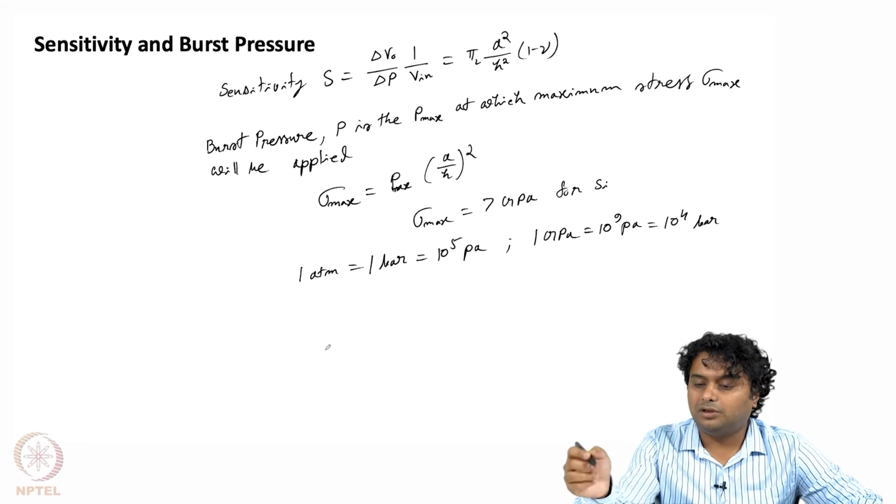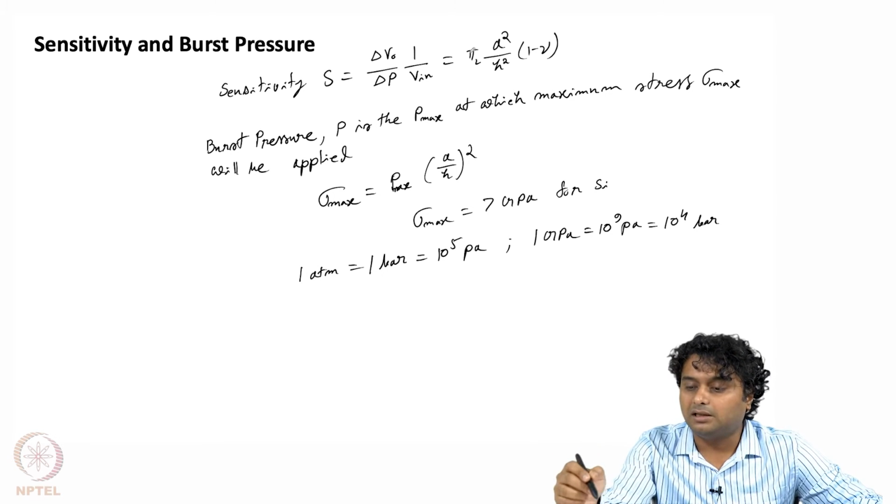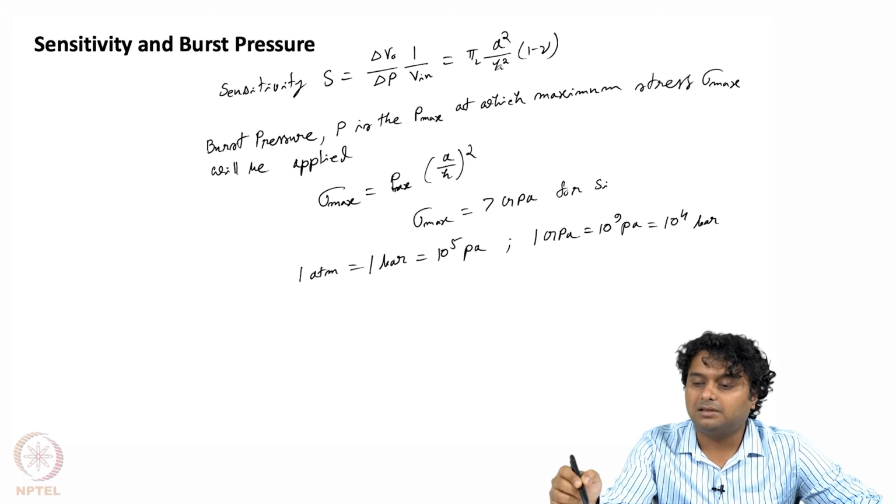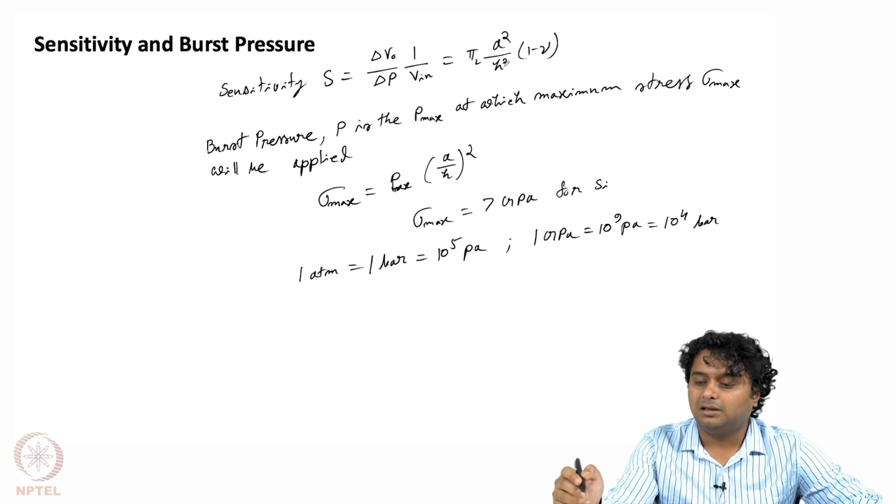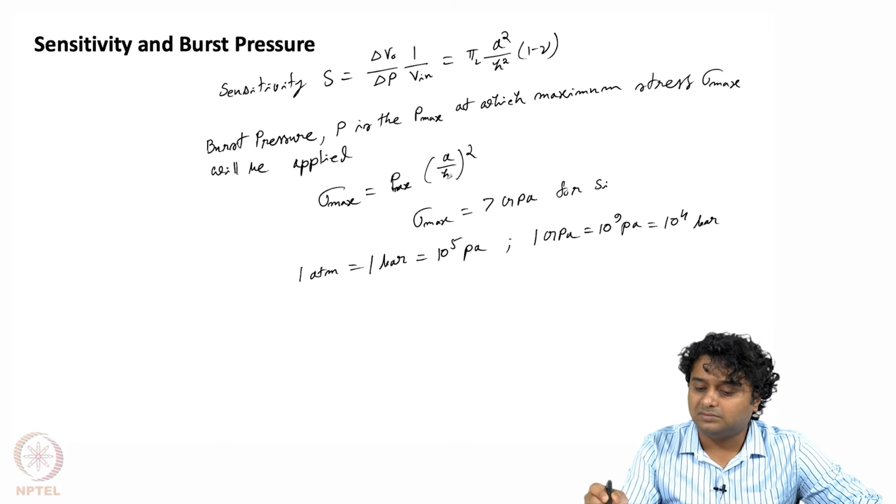So, another thing we need to understand from this is that if we decrease the H, that is the thickness of the membrane, then sensitivity is more and more higher, or even if we increase the size, then also sensitivity is higher. But if we make the membrane very thin, then sigma max is constant, but here P max will also decrease.